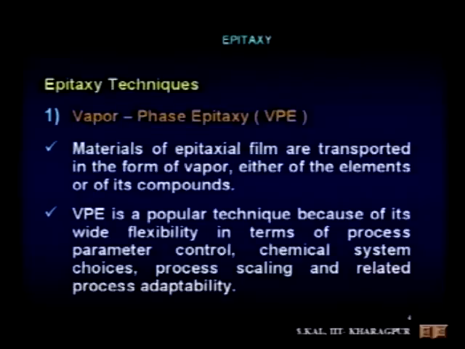It is highly flexible. Flexibility in terms of process parameter control, flexibility in terms of chemical system choices, flexibility in terms of process scaling, and process adaptability. These are few advantages of VPE, and we use VPE in bipolar VLSI process very much.